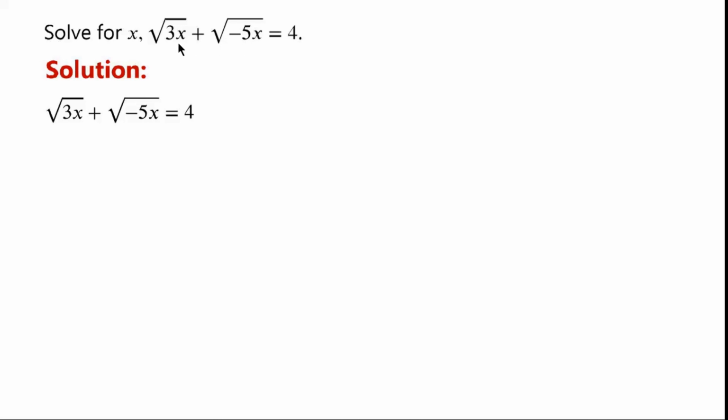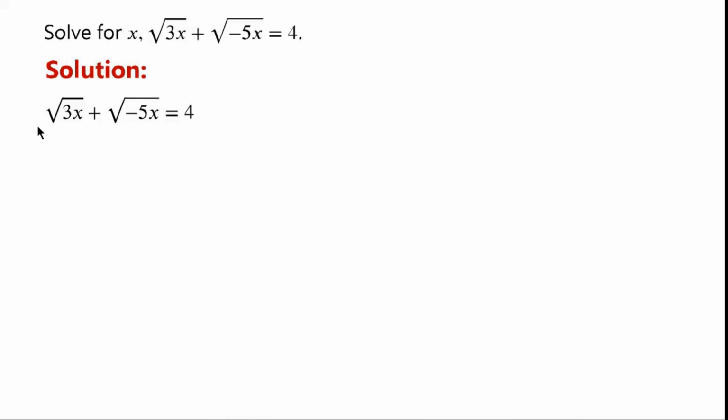If x is greater than or equal to 0 and x is less than or equal to 0, then x must equal 0. Clearly, x equals 0 isn't a solution of this equation, so x must be a complex number.